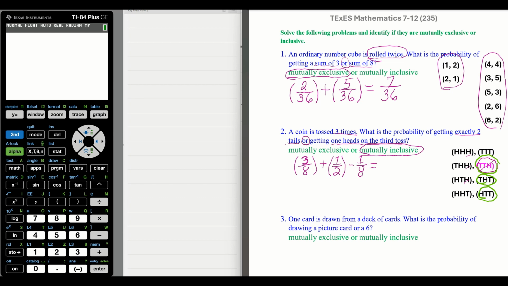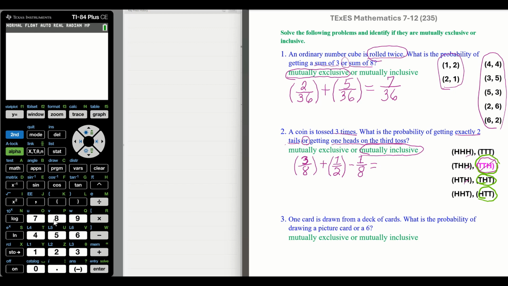This is going to give us, well, you know what? Let's not look at that quite yet. There's another way that we can actually solve this. Let's put in the calculator first as we see it. Then we're going to use another method.